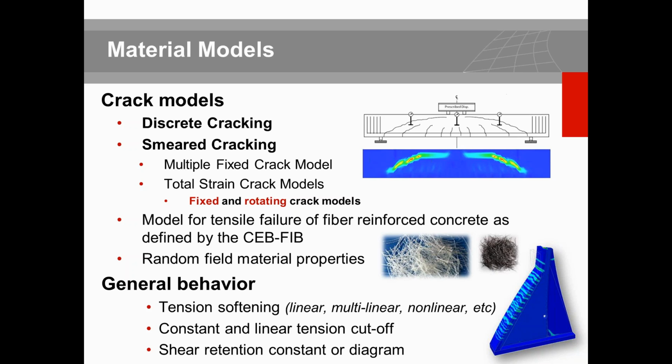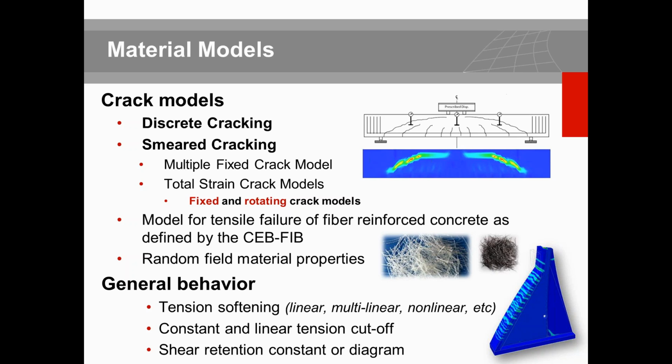One of the key factors, for instance, of the total strain model is you can easily derive all the materials from the model code. So you can say my grade of concrete is C40, and the program automatically derives all the required material properties, including tensile strength, compressive strength, fracture energy, and others.